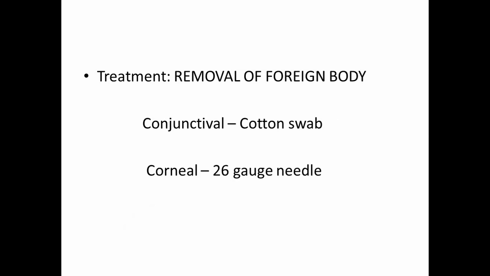Sometimes the foreign body can penetrate a little deeper, so you have to scrape the edges of the defect as well, so that the foreign body is completely removed. Once the foreign body has been removed, you start the patient on topical antibiotics and ask the patient to follow up after a period of 1 week. So this is how we manage an extraocular foreign body.